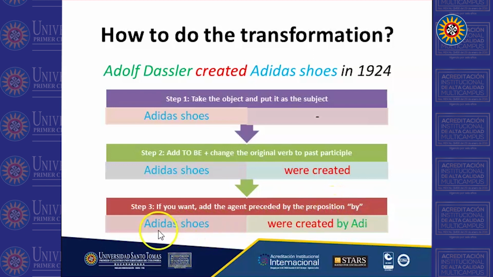Finally, you'll have: Adidas shoes were created by Adolf Dassler, commonly known as Adi. So this is how you create the passive voice in the past tense using was or were plus the past participle, which in this case is a regular form ending in ed.